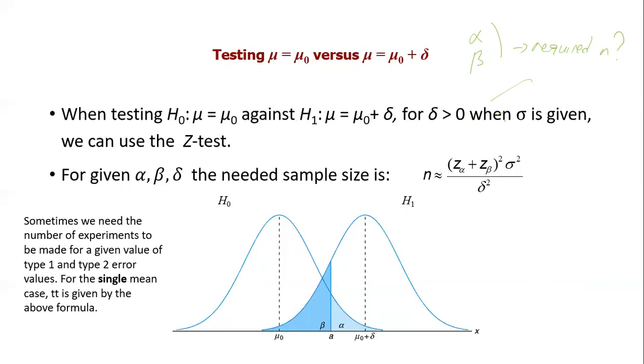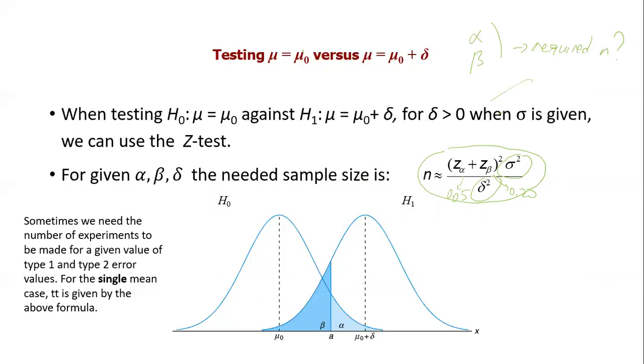So how do we find it? Well, this is the general formula for that, okay? So z alpha, so for example, in the previous example, I just said alpha is equal to 0.05, for beta, I said that's 0.20. So sigma square, remember we said that we know sigma square, and divide it by delta square.